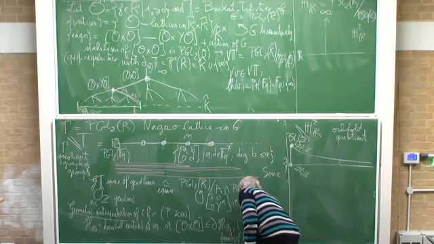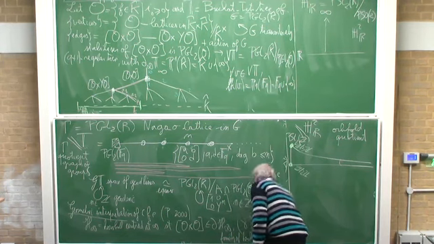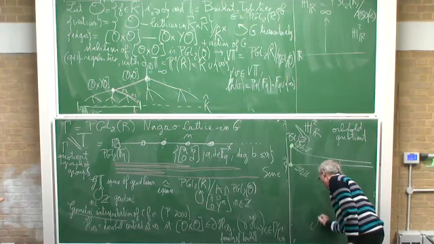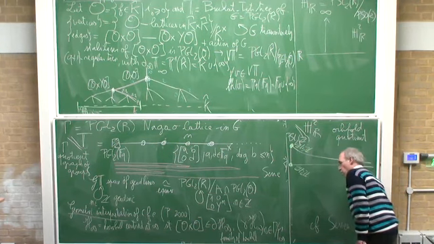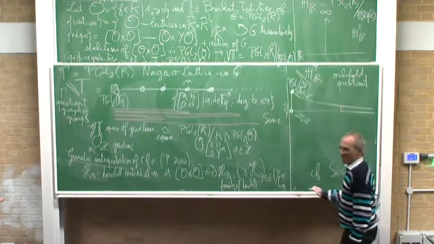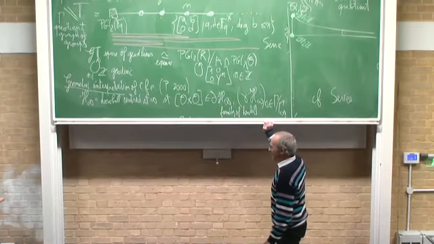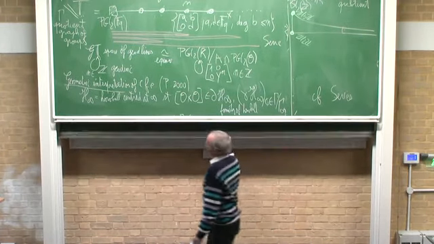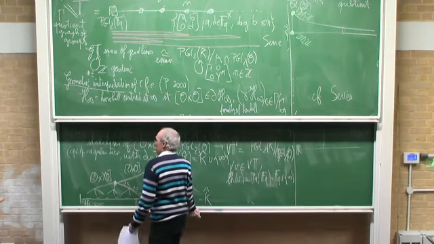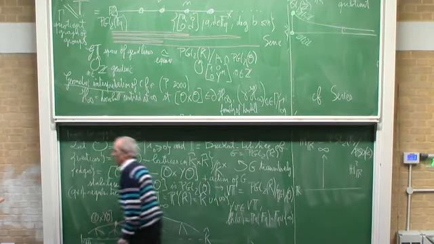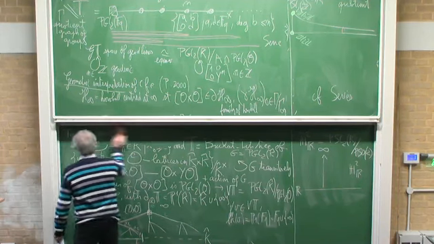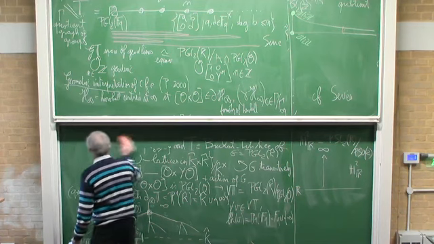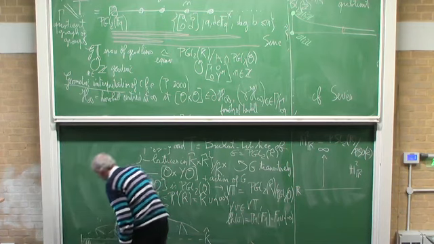I'm not going to give you the analogy, but I'm just going to send you back to Caroline Series' work, which is completely beautiful and explains in very nice ways the relationship between continued fraction expansion and the geodesic flow on the modular curve.